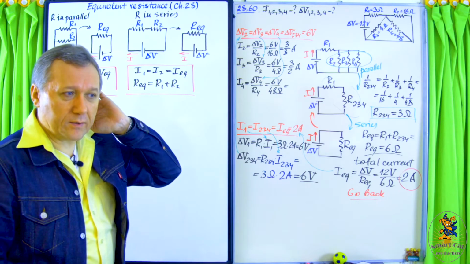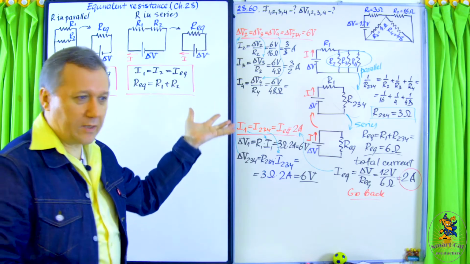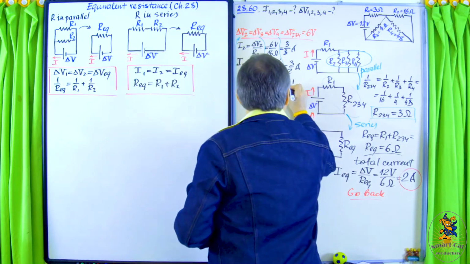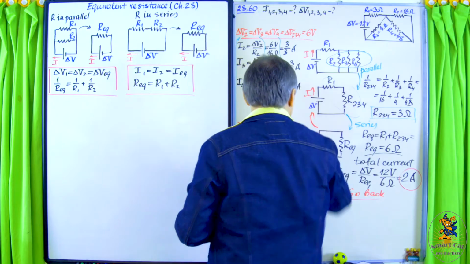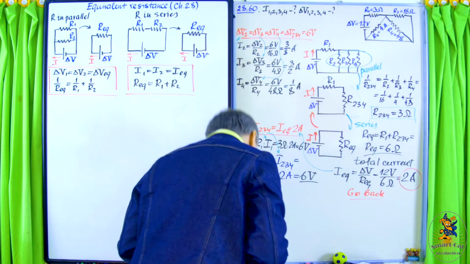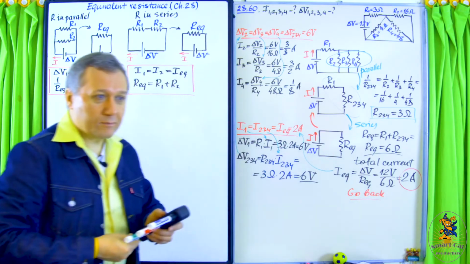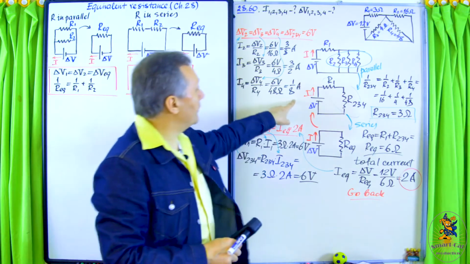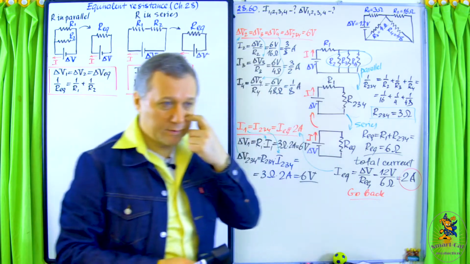That's 1/8, right? 6 times 8, 48. 1/8 amps, right? Am I correct? Absolutely. Okay, so now we also know the value of current through the resistor R4.